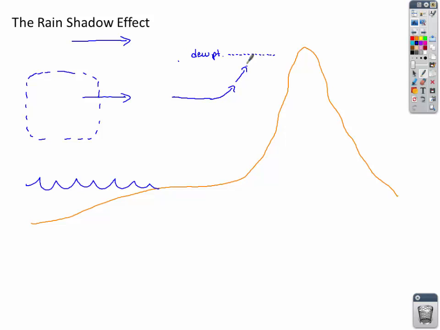As air reaches that dew point, that water vapor will condense and you'll get a cloud and it will rain. So on this side of the mountain, you're going to see a lot of plant life, you're going to see trees, you're going to see grasses, you're going to see the wildlife associated with that type of vegetation.